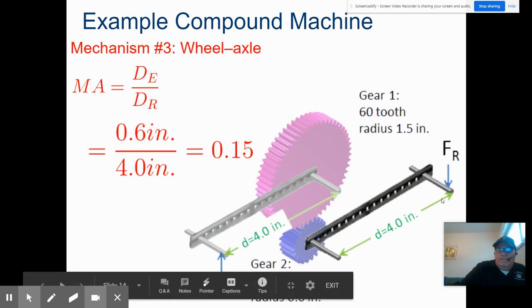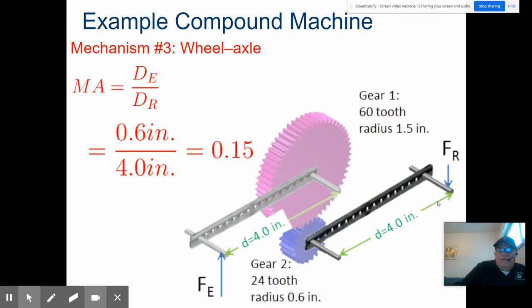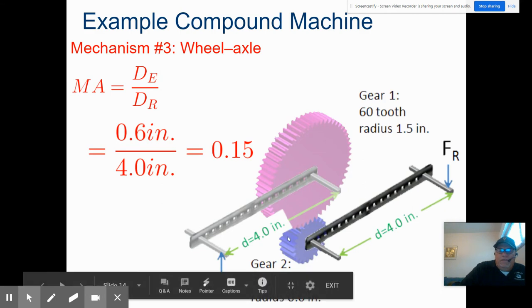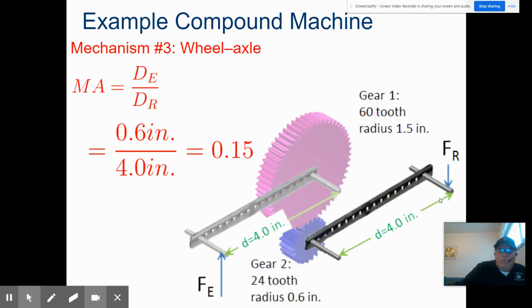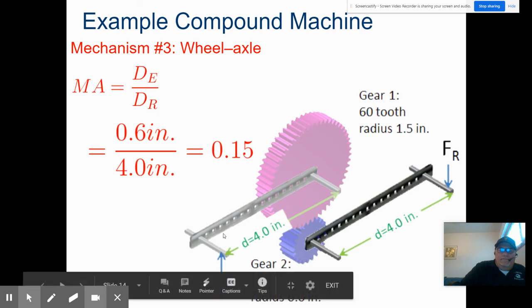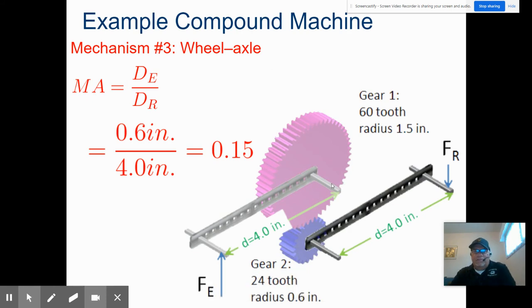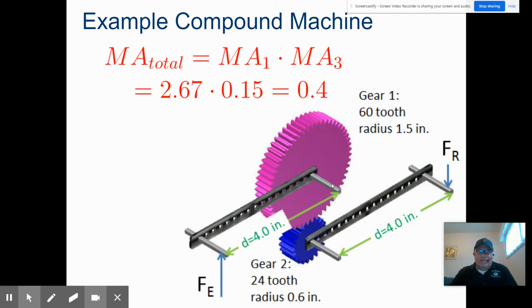The resistance distance is 4 because these are moving this, right? And that's why it was different from here, where this was your effort distance and you were using the radius as your resistance distance.